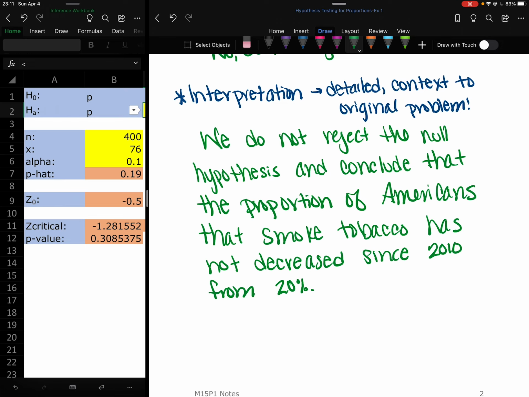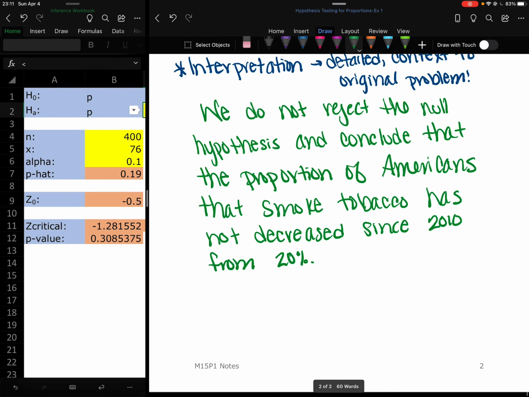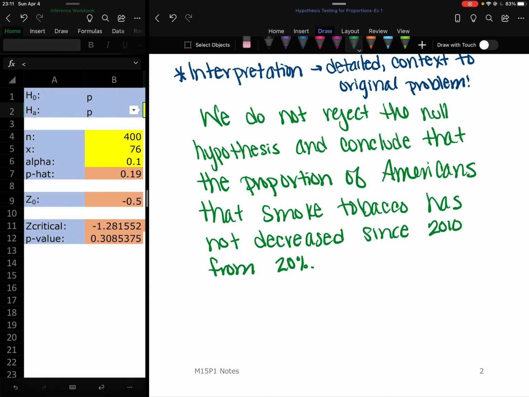Okay, so we do not reject the null hypothesis and conclude that the proportion of Americans that smoke tobacco has not decreased since 2010 from 20%. That's one way you could do this. I am going to show you another way to interpret it. This is the way that my brain tends to want to write these interpretations, and it's not always the best way.